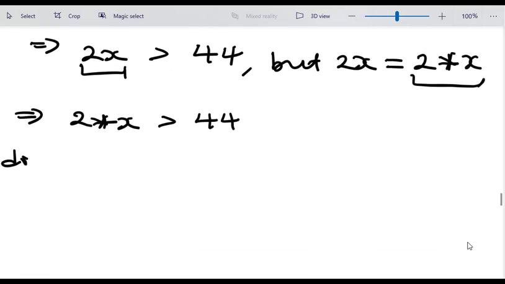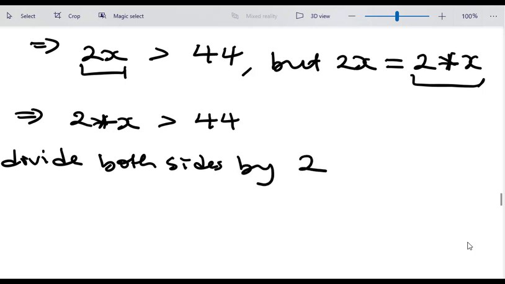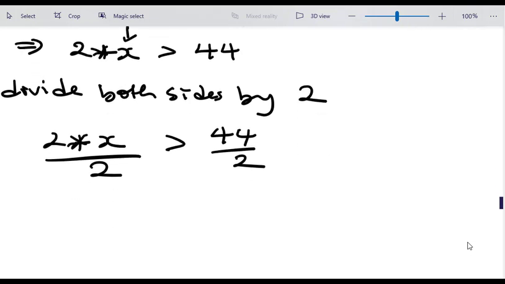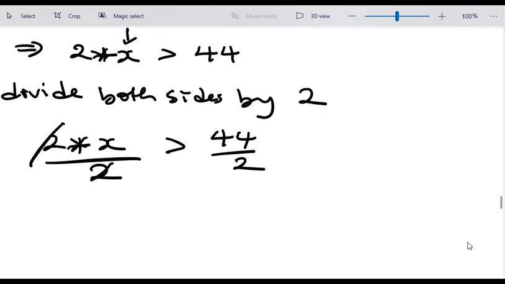So we must come here and divide both sides. We have to divide both sides by 2 so that x will be found. So we have 2 multiplied by x divided by 2 greater than 44 divided by 2. 2 will cancel 2, our x will fall down, greater than 44 divided by 2 to give us 22.